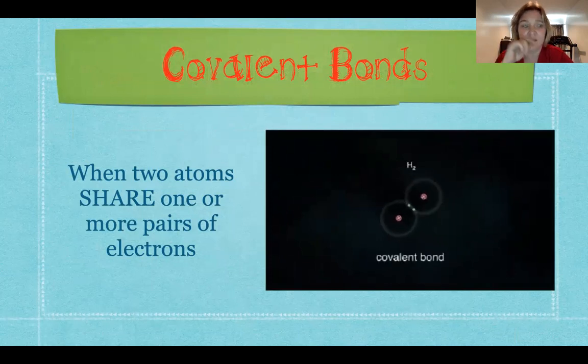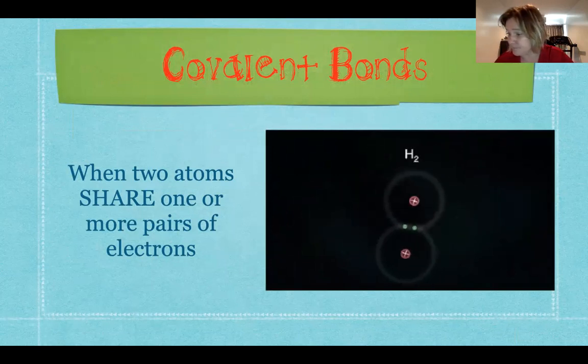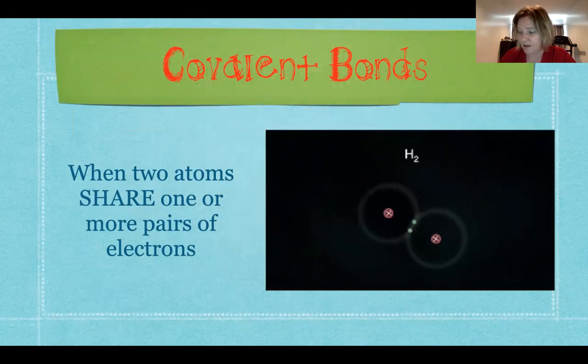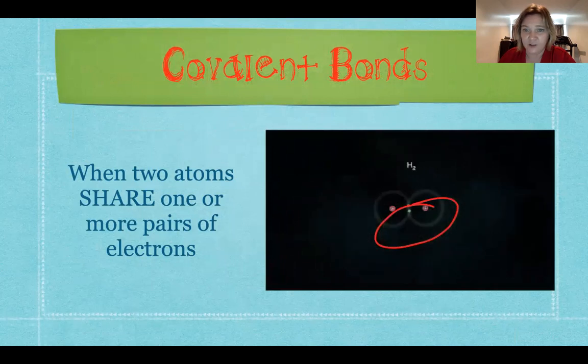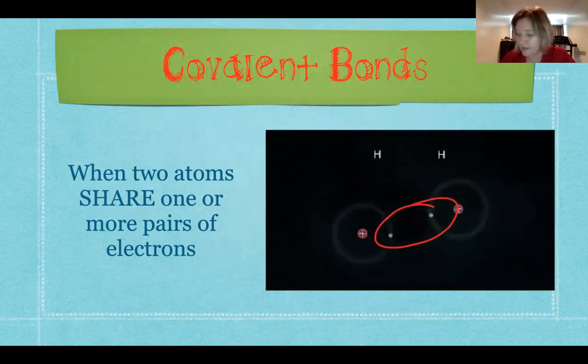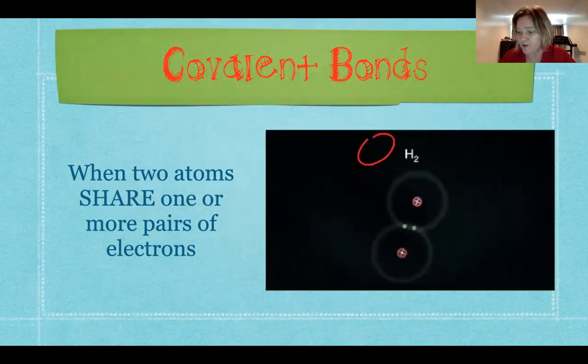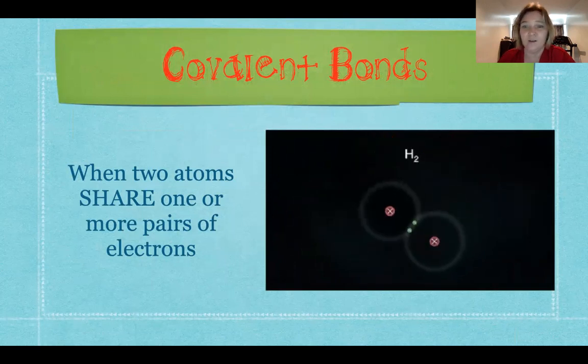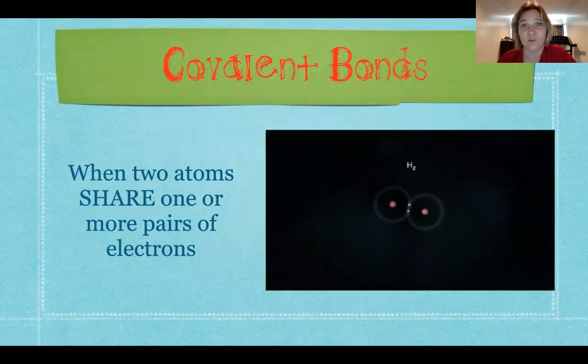So remember when I said that energy level number 1 can hold 2 electrons? Well, we have hydrogen here. Each hydrogen has 1 electron.